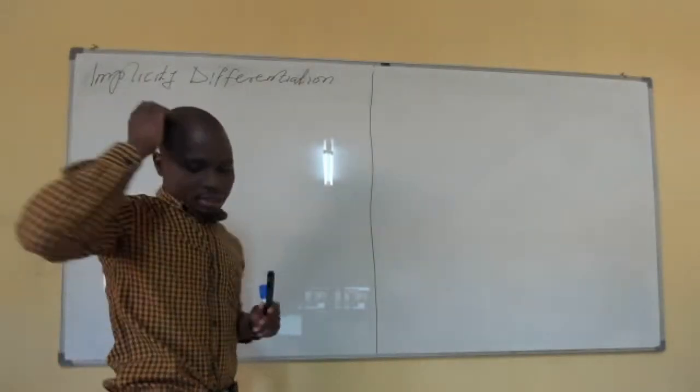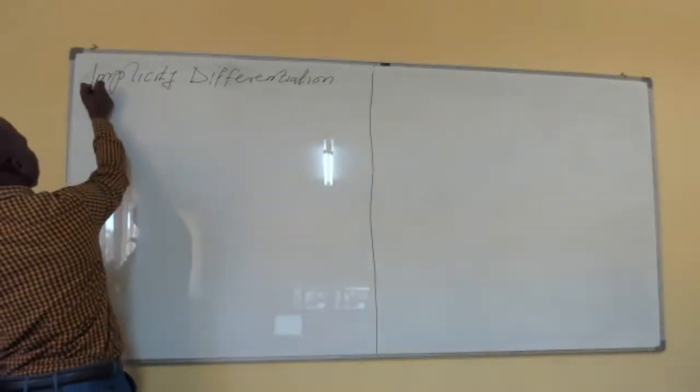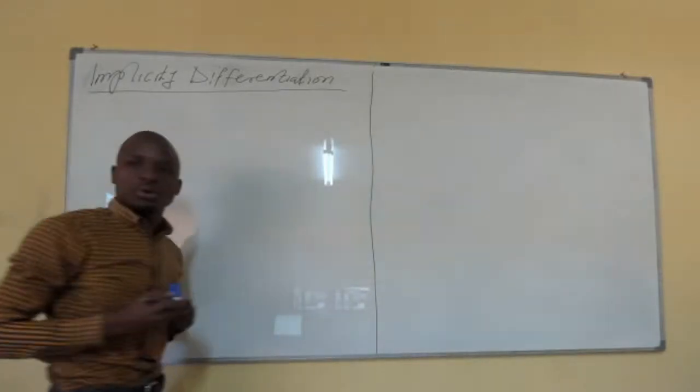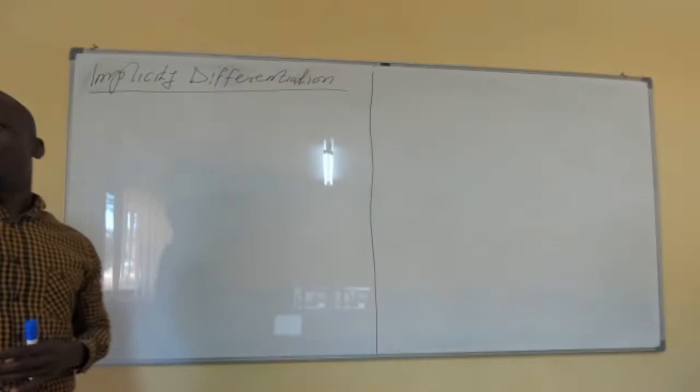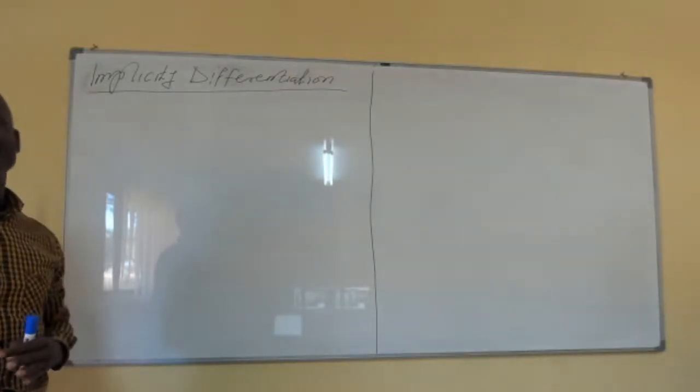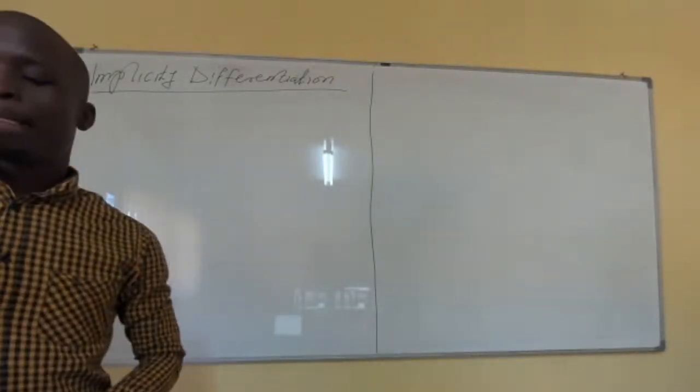What we mean by implicit differentiation is that we are looking at the derivatives of implicit functions. Now, what is really an implicit function?